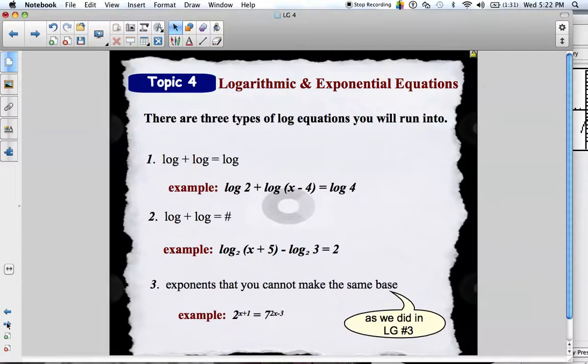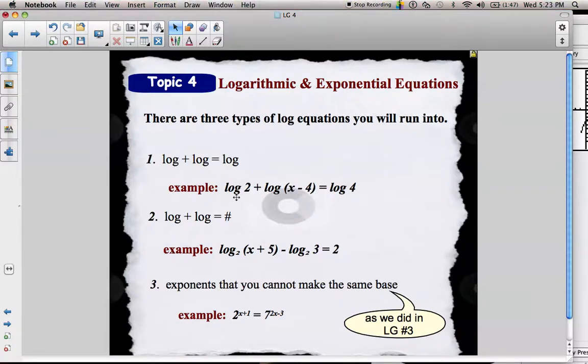All right, topic 4. Okay, logarithmic and exponential equations. There are three types of log equations or exponential equations you're going to run into with this learning guide. First one, you're going to get a log with a log and a log. So there's logs throughout the whole equation.